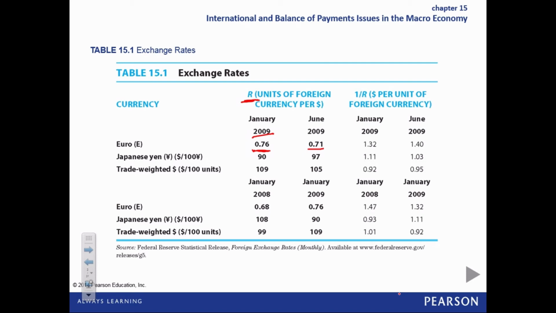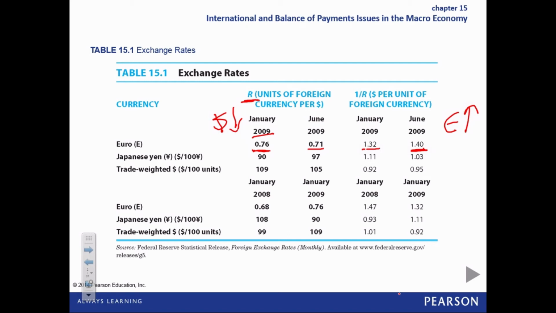The other side of the coin is the euro. Euro used to buy $1.32. Now, in June of 2009, it would buy $1.40. So euro is getting stronger and dollar is getting weaker, the two sides of the same coin.